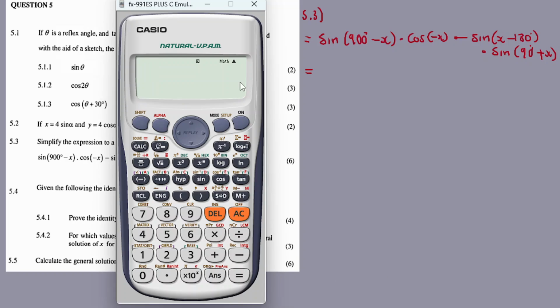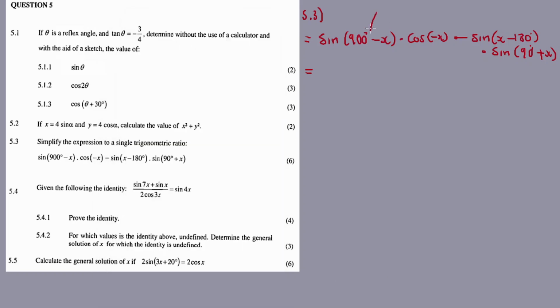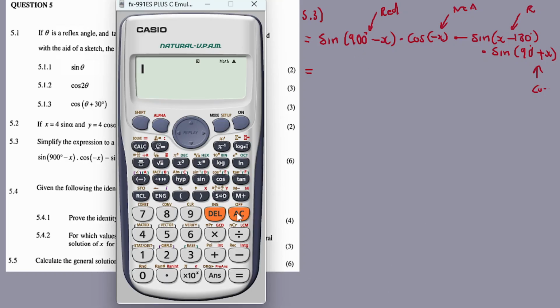Alright, here we have a reduction formula, which you will see in a moment. Here we have sine of a negative angle, a reduction formula, and sine co-ratio. To simplify this, look at the 900, which is greater than 360, so you do 900 minus 360 to get 540. 540 is still greater than 360, so you minus 360 again to get 180.